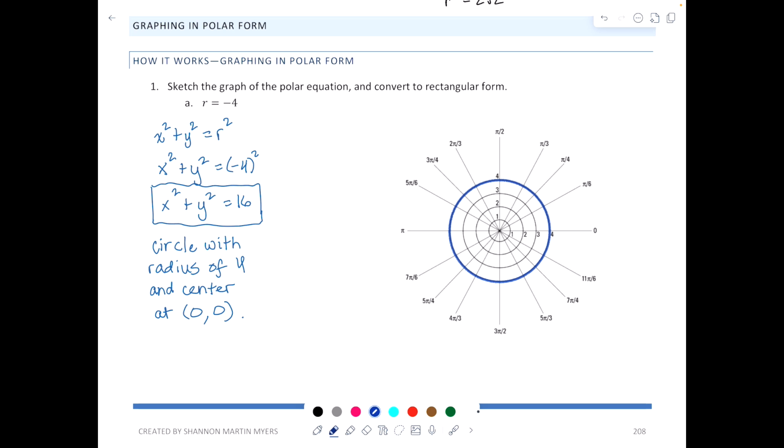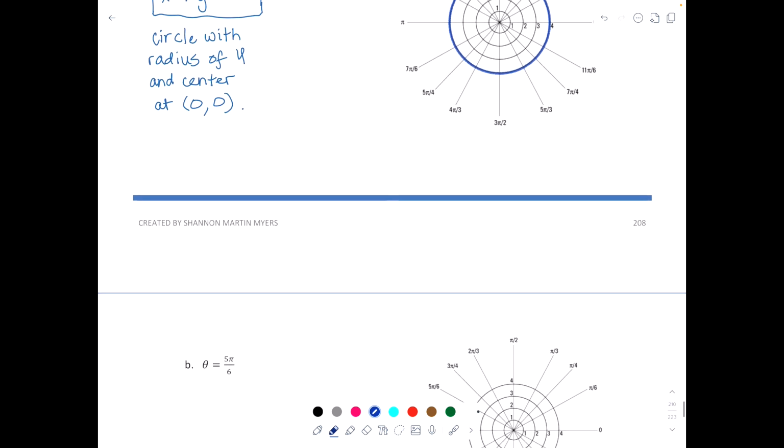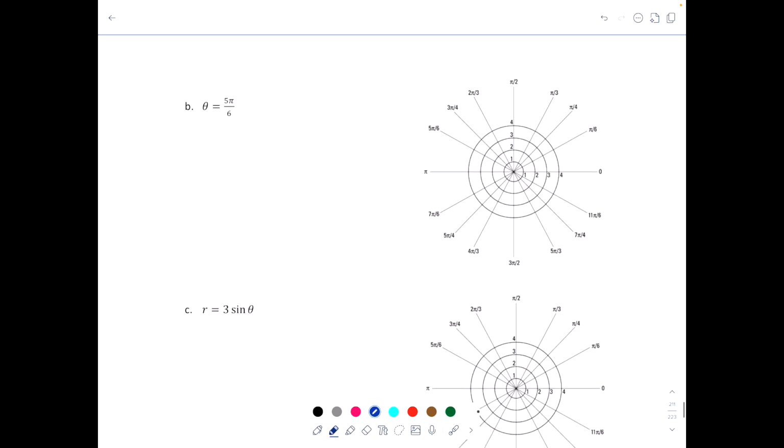So if you just have r equals something, you can ignore the negative. If it's negative, you can just consider the positive. You have a circle with that radius with center 0, 0. Now, if you only have theta equals something, we know that tangent theta equals y over x. We've been given that theta is 5 pi over 6.